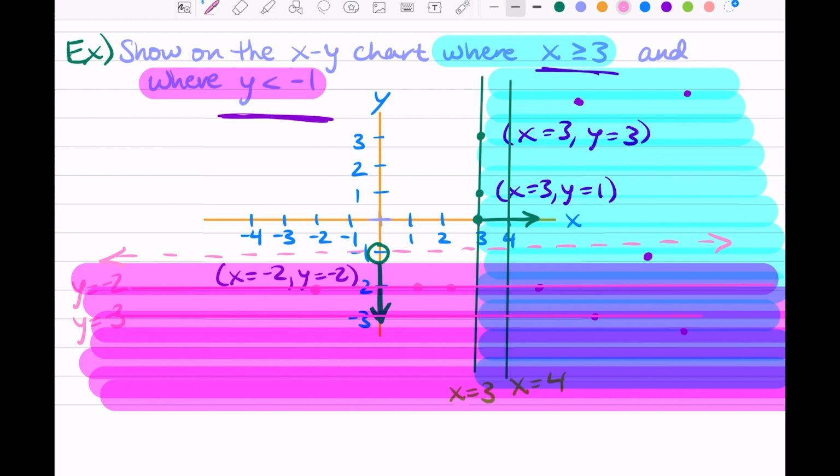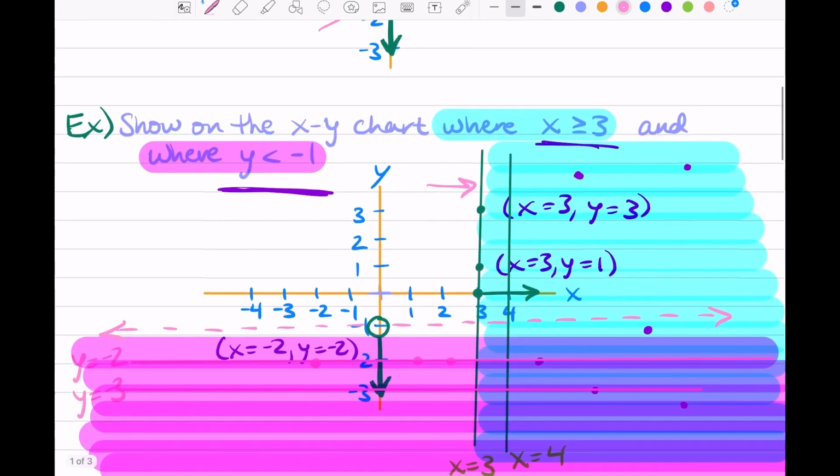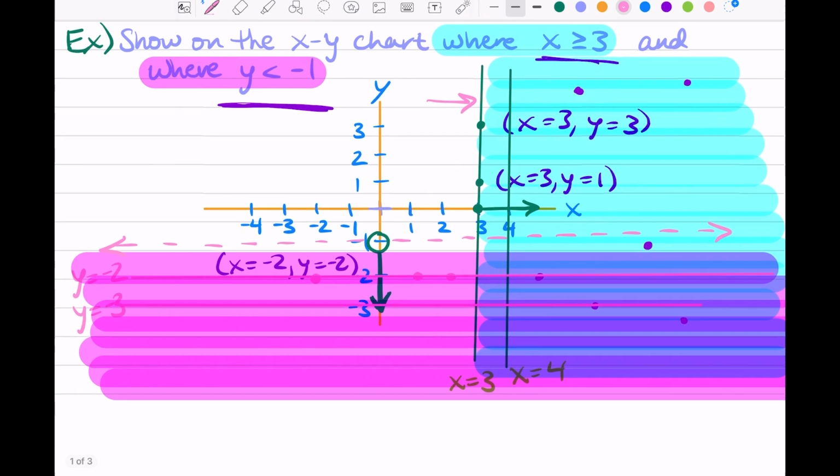And when we had our green lines, we had a shaded line. You can think of it just like we shaded the dot and kept the open circle. When you have something equal, you shade the line. When you have less than, you have a dotted line. So our pink region is where y is less than -1.